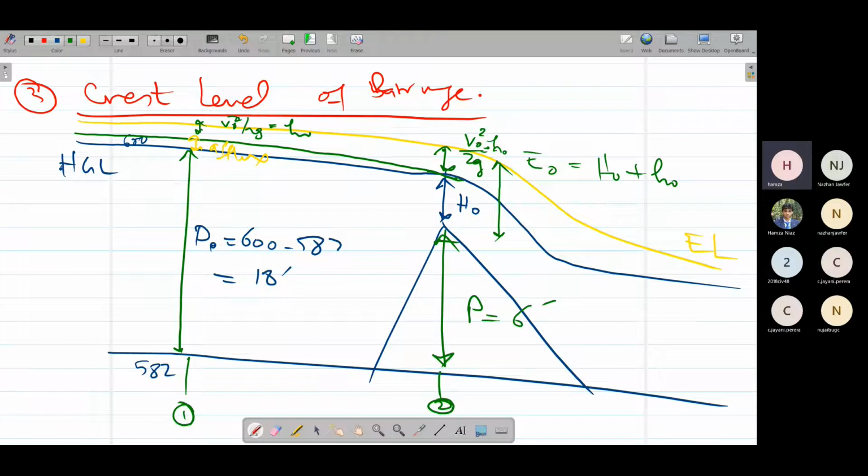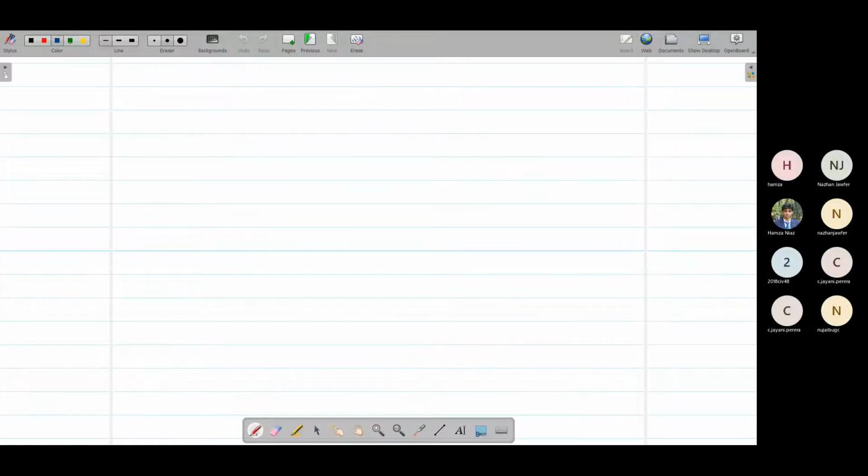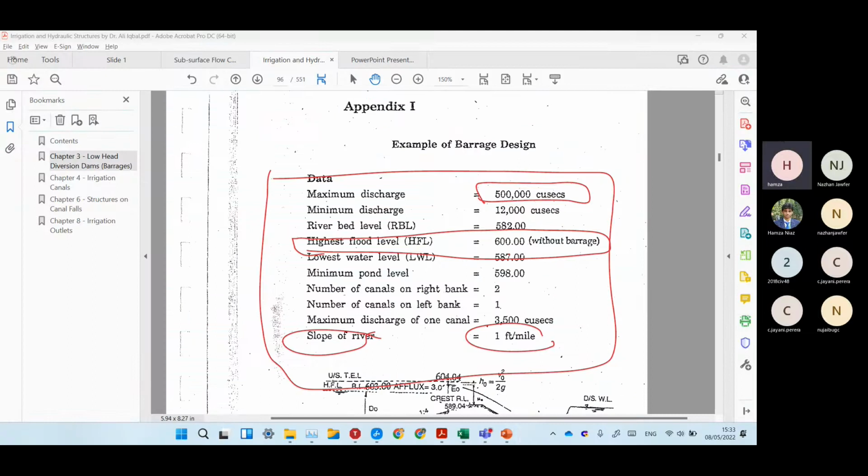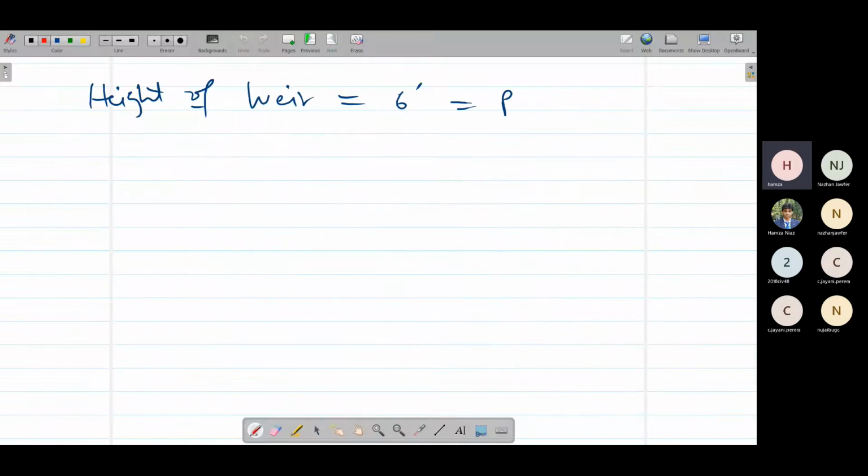All right. If we understand this one, we can write the height of the barrage or weir as 6 feet, which we have written as P, and this total depth we can write as R. R is the scour depth, because due to water flowing, some scouring will occur. So we'll write this as cover depth, and we can calculate it by a simple formula.